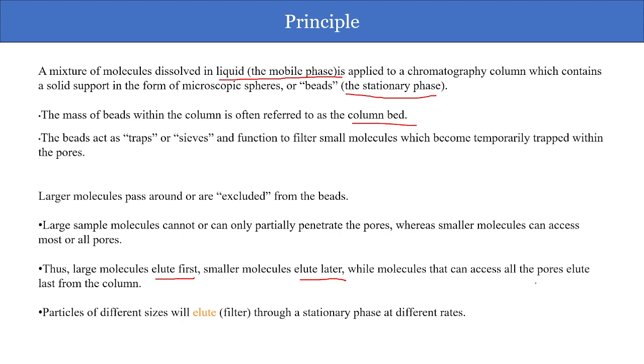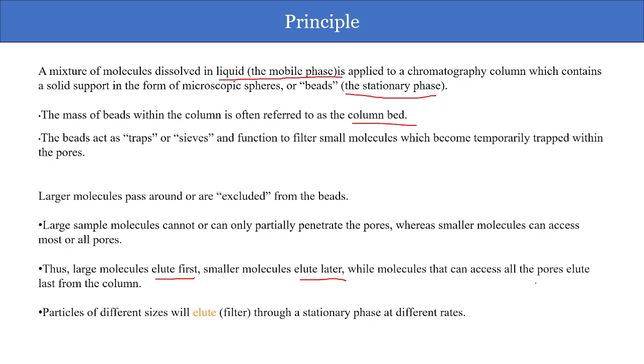So what does that mean? Let us imagine that there are numerous sizes of pores. The larger molecules can enter only the larger pores, or they do not enter at all. So they elute faster because the path length is very short for them. Whereas the smaller or medium-sized molecules can enter most of the pores rather than just bypassing them.